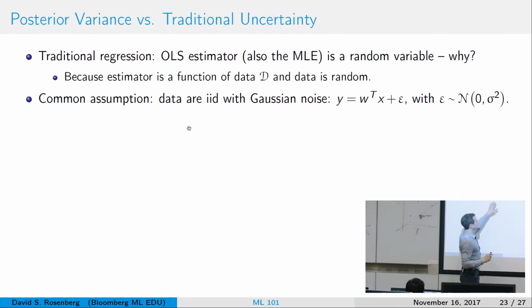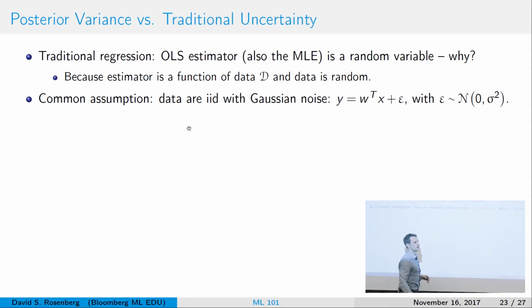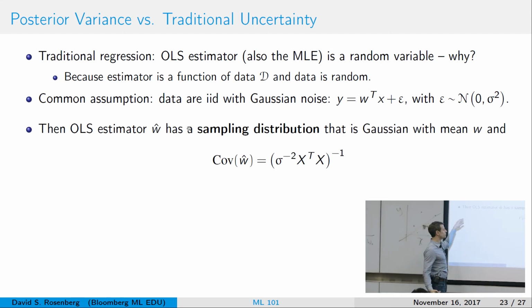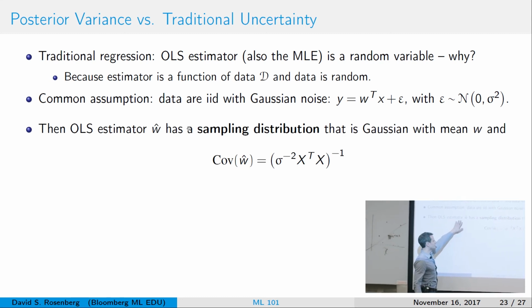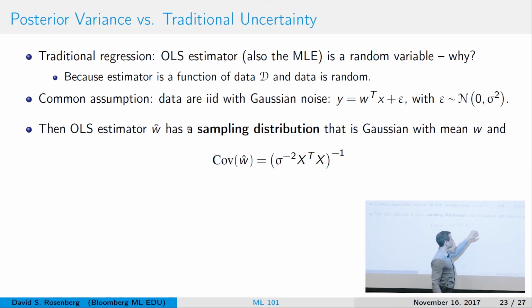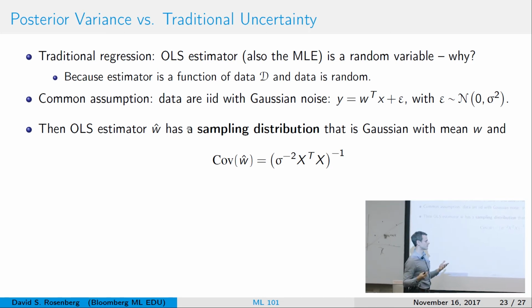If we assume the observations are just as we had before, W transpose X plus some Gaussian noise, then the distribution of the OLS estimator W hat is Gaussian, and the mean is W, which is what we want. It has expected value equal to what it is trying to estimate. That's a nice property for a point estimator: unbiasedness.